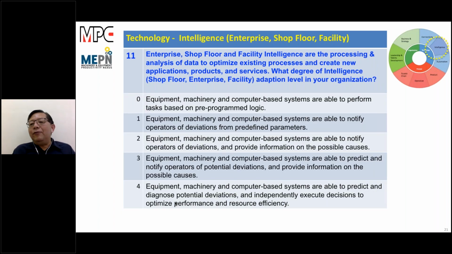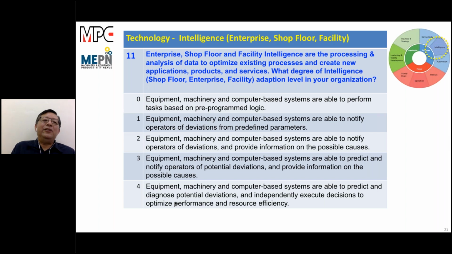Question 11 is talking about the technology intelligence in the enterprise, shop floor, and also facilities. The question asks, enterprise, shop floor, and facility intelligence is the process and analysis of data for optimization, assisting processes, and creating new applications, products, and services. What degree of intelligence, either at shop floor, enterprise level, or facilities, is adopted in your organization?